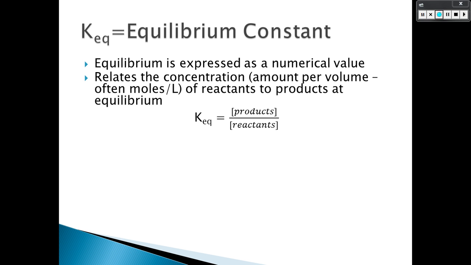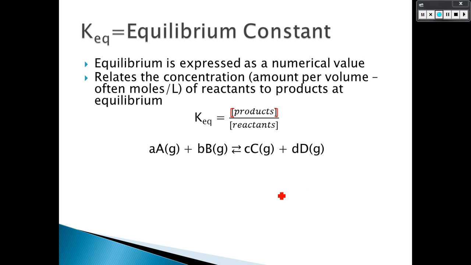The way this works is Keq, and this symbol here, the brackets, is the symbol for concentration. So this means the concentration of the products divided by the concentration of the reactants. That's what this symbol means. Let's make this even more detailed.